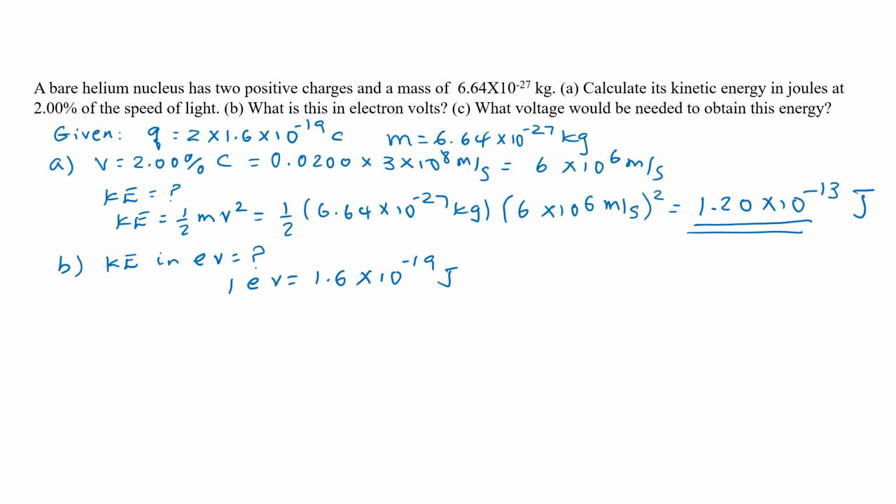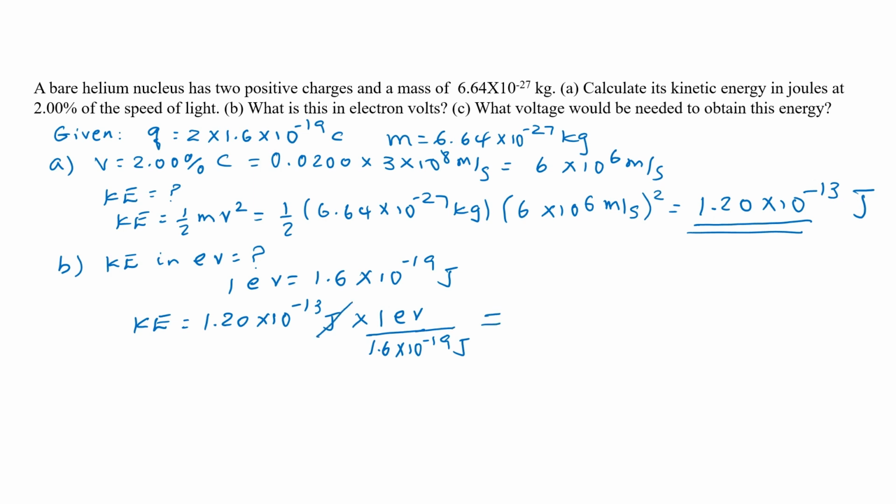To do that, we have the kinetic energy calculated in A. That's equal to 1.20 times 10 to the power of negative 13 joule. So we need it in electron volt, so we multiply it by 1 electron volt and divide by 1 electron volt equivalent joule, which is 1.6 times 10 to the minus 19 joule.